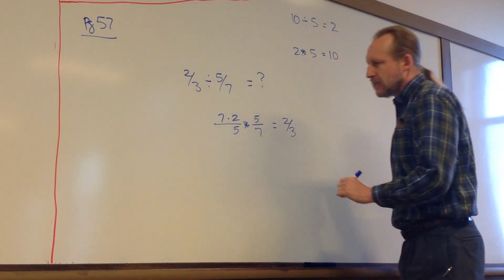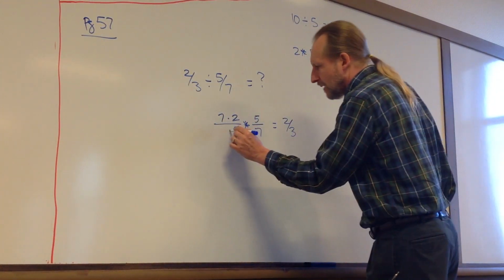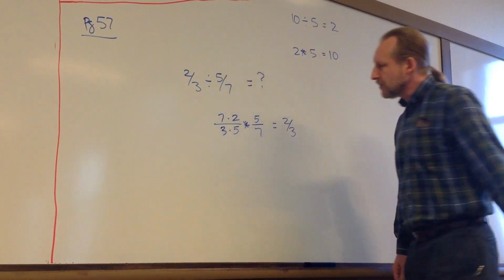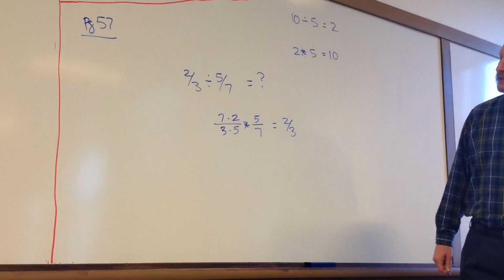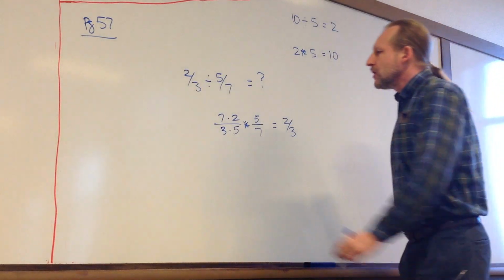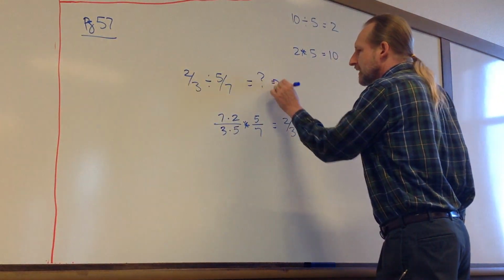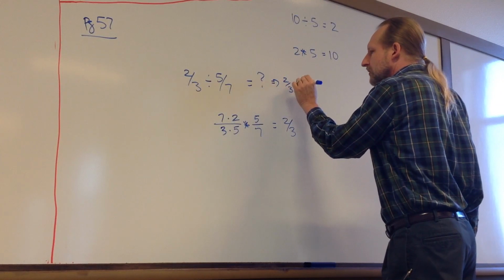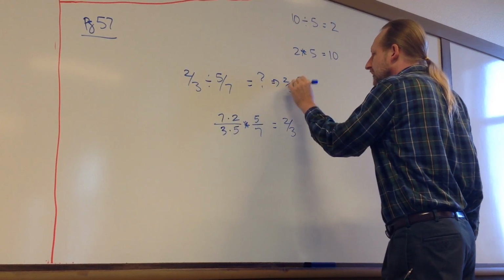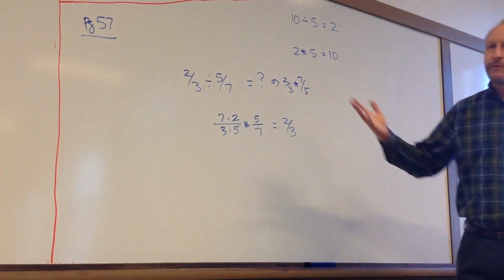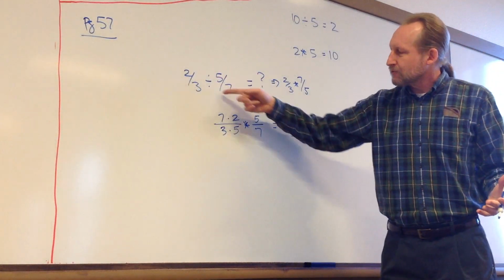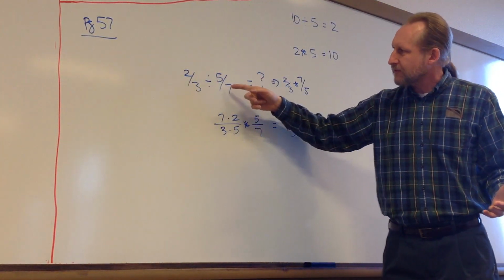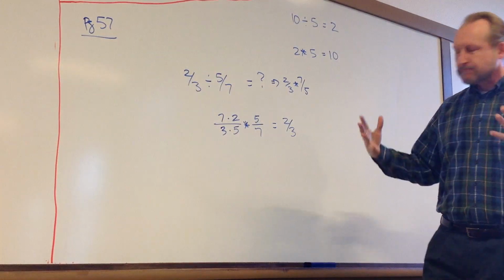So we can cancel out the 7 by putting a 7 on top, and then we'll get a 3 on the bottom by putting a 3 down there. So notice that this question mark is equivalent to 2/3 times 7/5, right? That's what we were just saying, is take the reciprocal of the second fraction and multiply it.